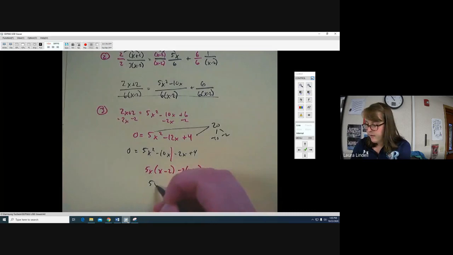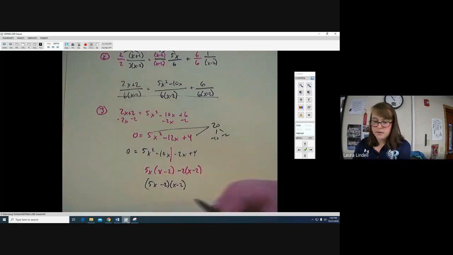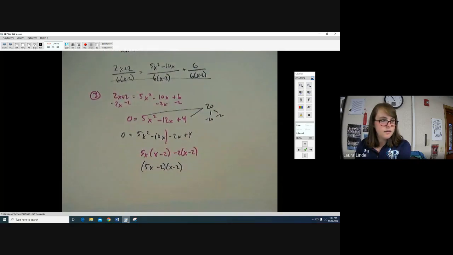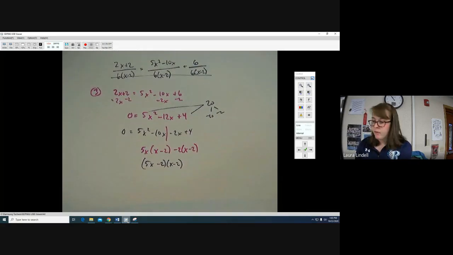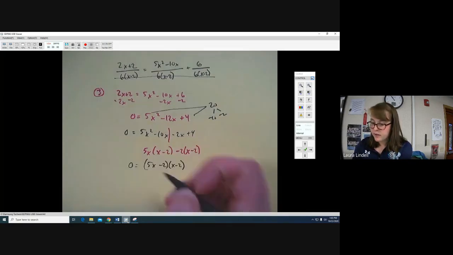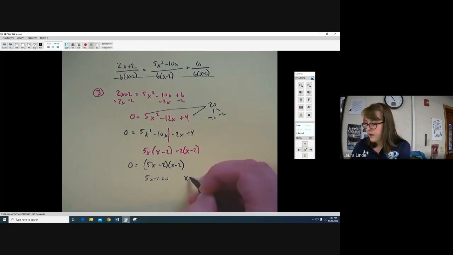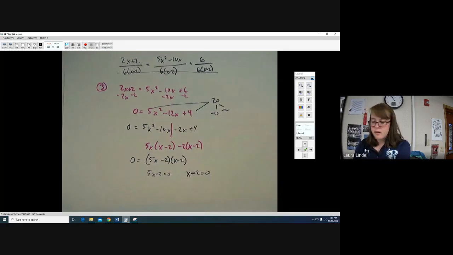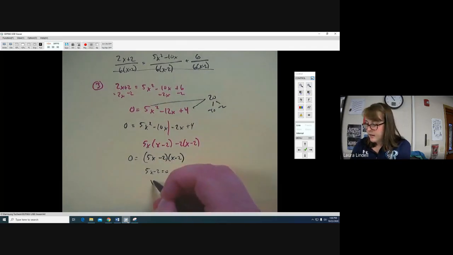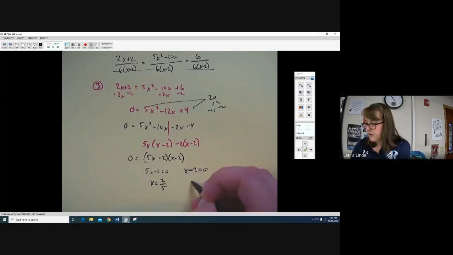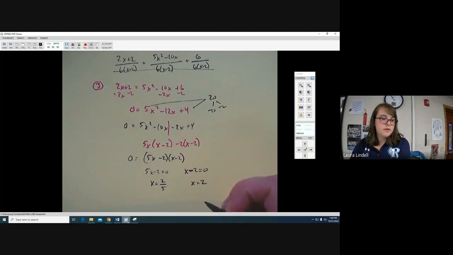So we get 5x minus 2 times x minus 2. And then we want to set these each individually equal to 0. So 5x minus 2 equals 0, and x minus 2 equals 0. To get x equals 2/5 and x equals 2.